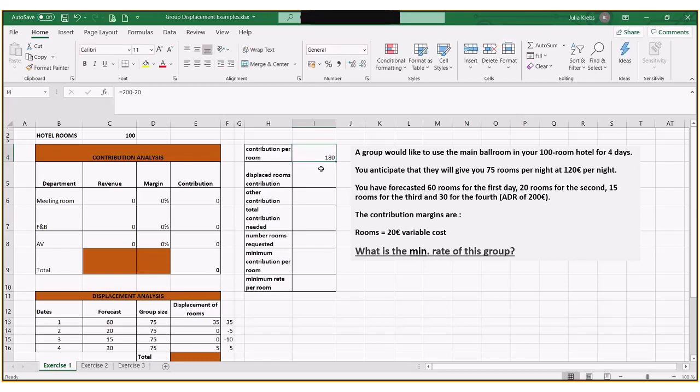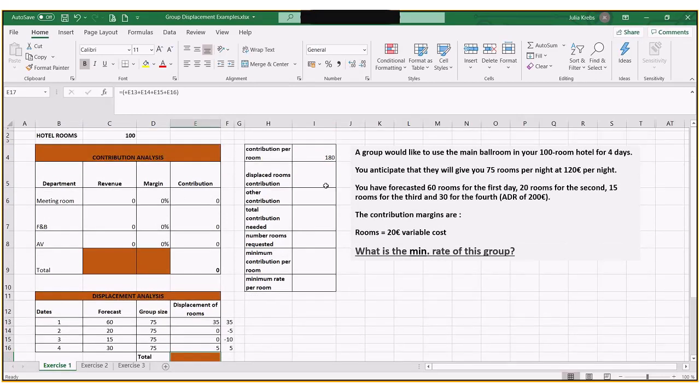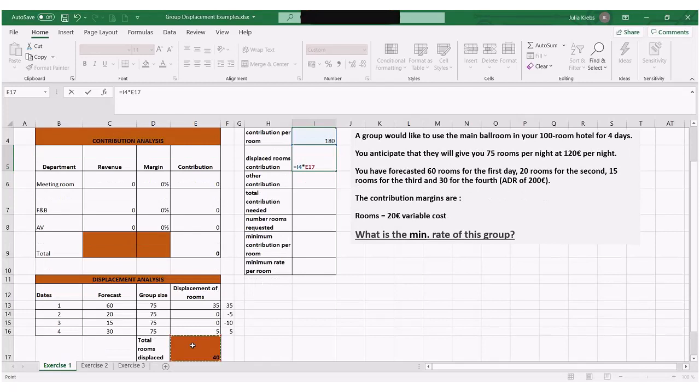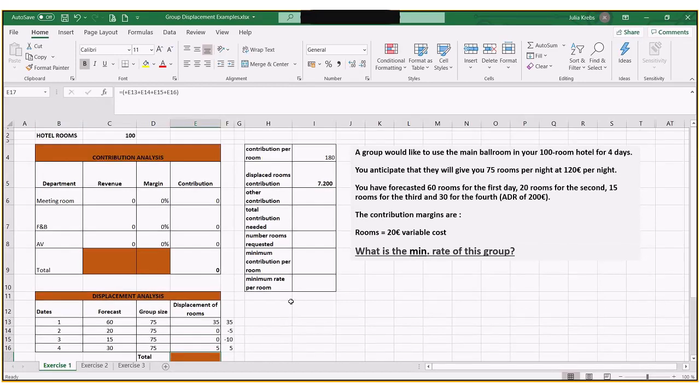That's the contribution per room. Now we find out what this 180 means in relation to the 40 transient guests that we are displacing. So we calculate 180 times 40, meaning how much room revenue we are not gaining when we displace, meaning get rid of, if you will, or cancel those 40 transient bookings. So 7,200 euros need to be covered by the group.